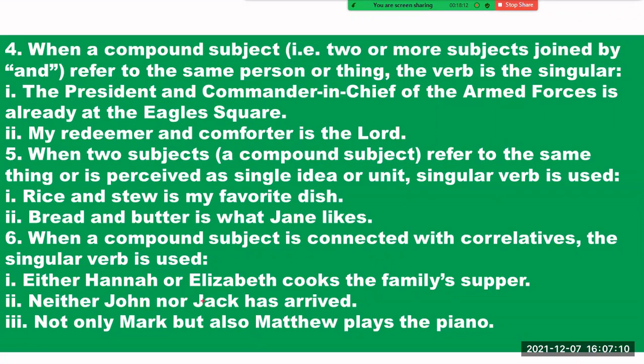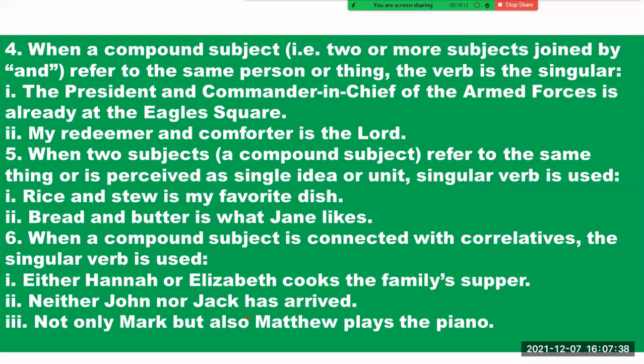So neither John nor Jack has arrived. This has to do with where you have a compound subject and you have two singular subjects. But in a situation where you have one singular subject and another plural subject, of course, you apply the law of proximity.